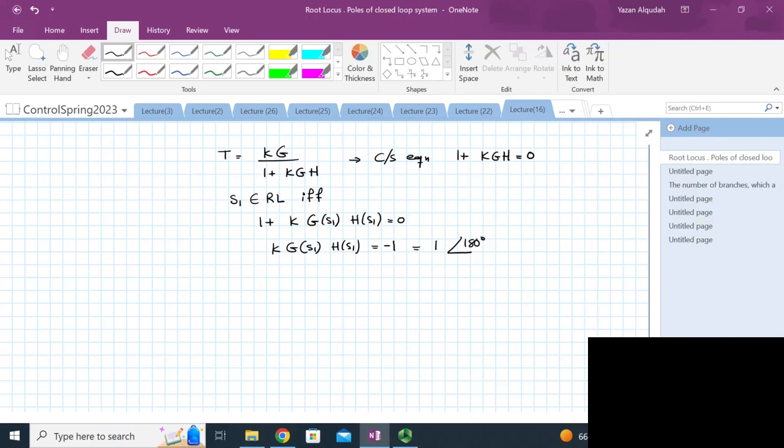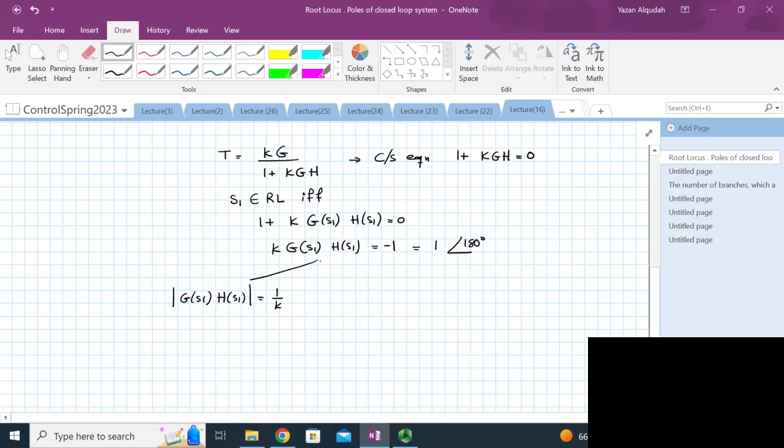So for S1 to be on the root locus, the magnitude of g of S1 multiplied by h of S1, what does it have to equal? 1 over k. Make sense?